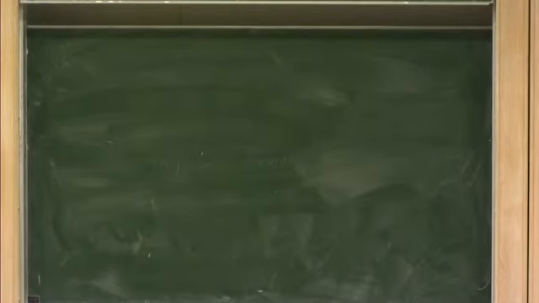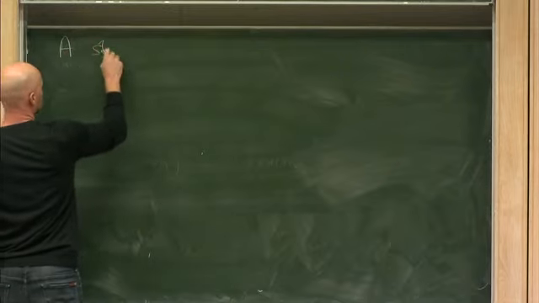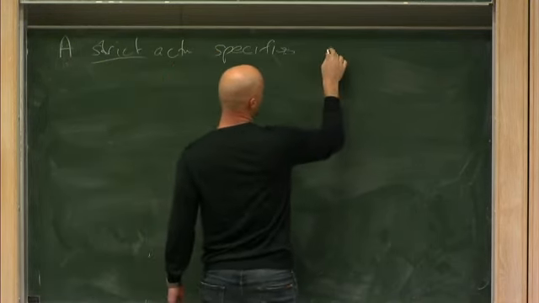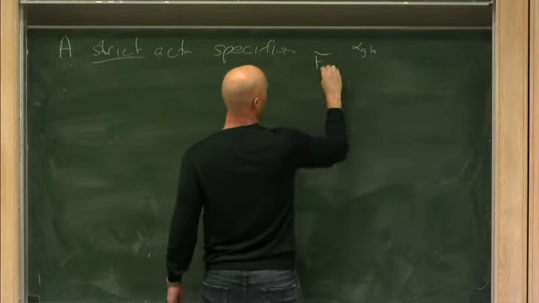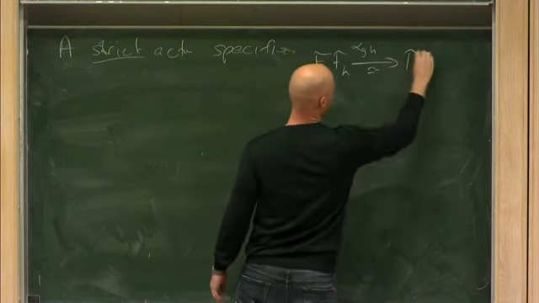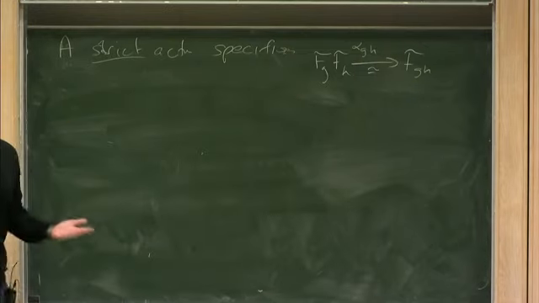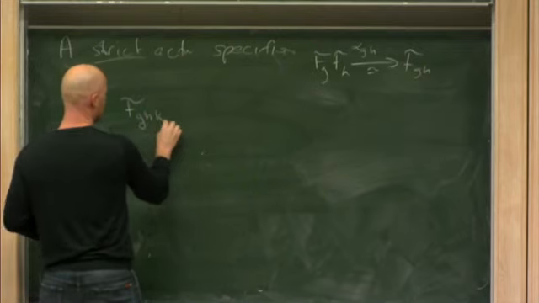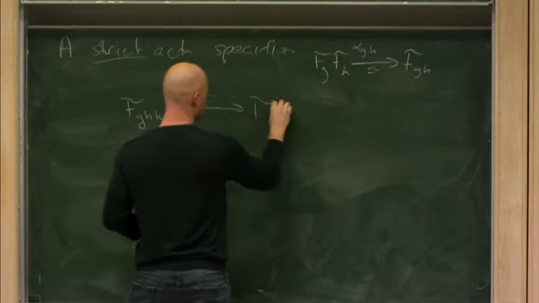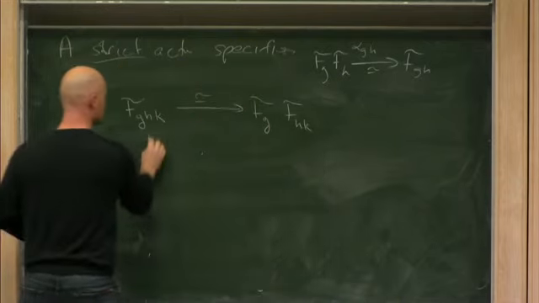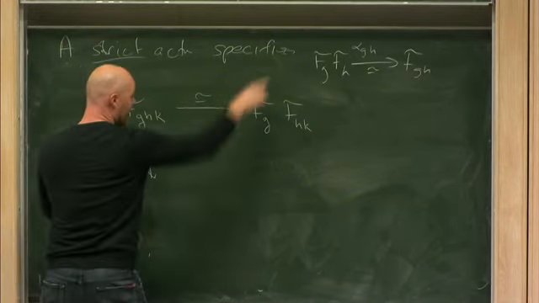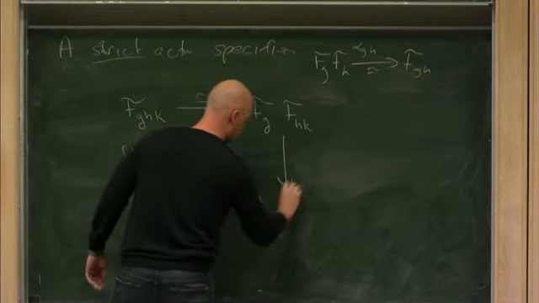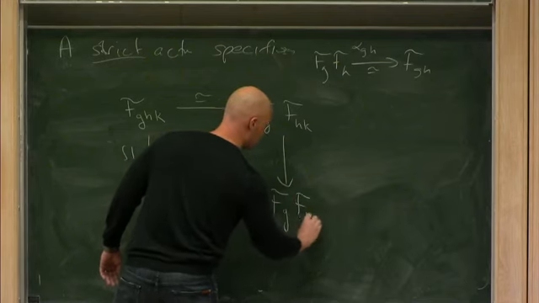So a strict action specifies isomorphisms and requires them to satisfy an associativity constraint, which one way to write it maybe is that you could have F_G F_H F_K, which on the one hand is isomorphic to F_GH F_K, and it's also isomorphic, by an isomorphism we've given, to F_G F_HK, and that's of course F_GHK in two ways.